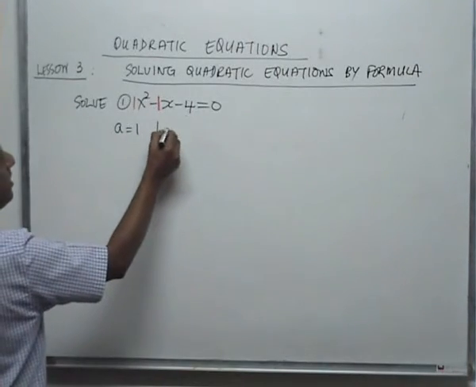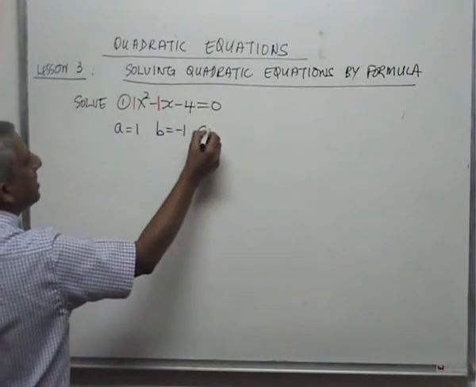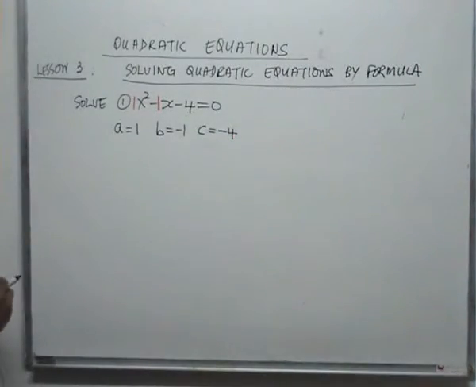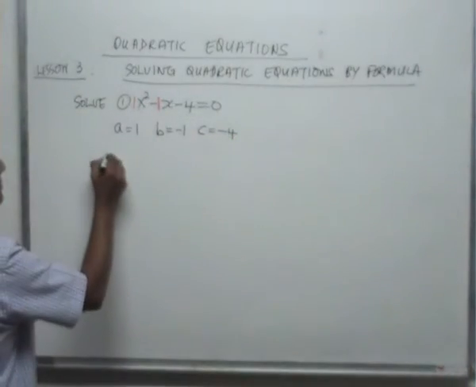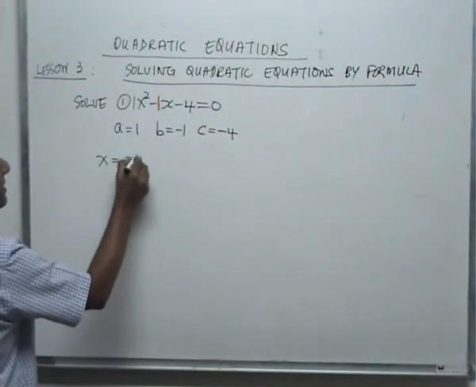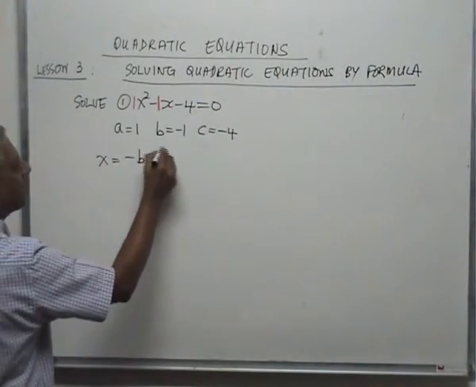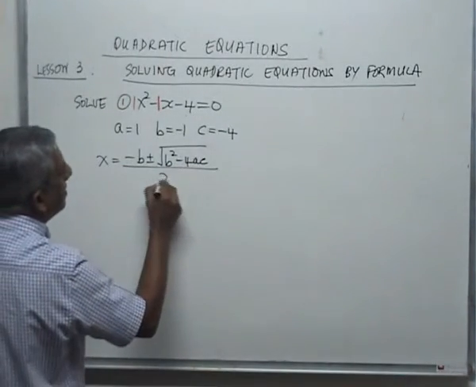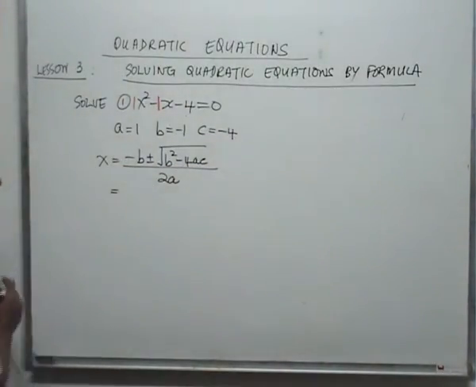What is b? b is minus 1. What is c? c is minus 4. So you identified a, b and c. Now write down the formula. x is equal to minus b plus minus the square root of b squared minus 4ac all over 2a.